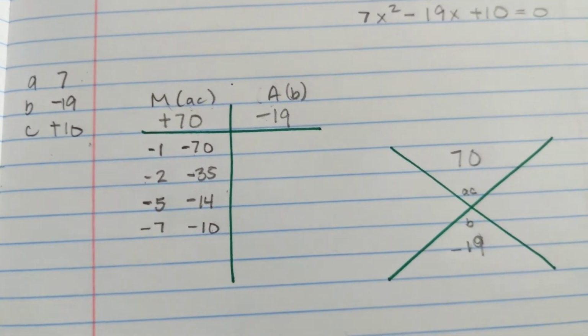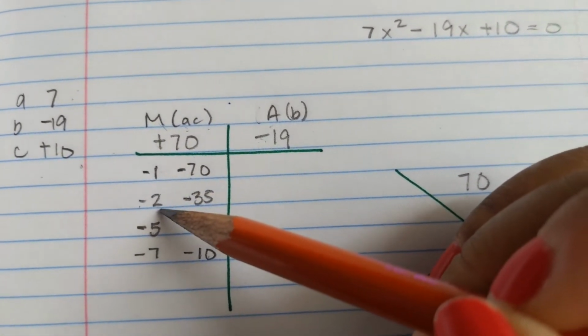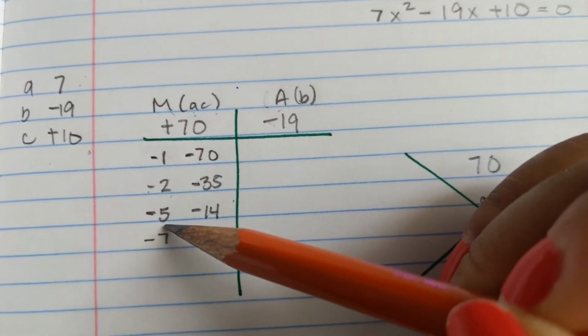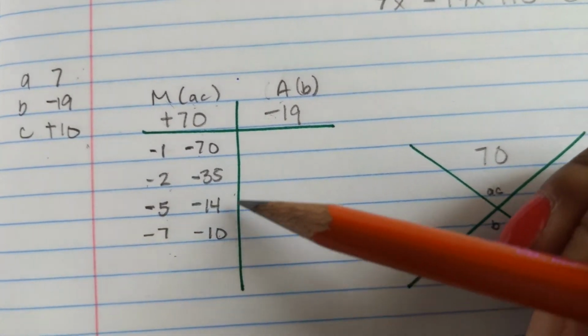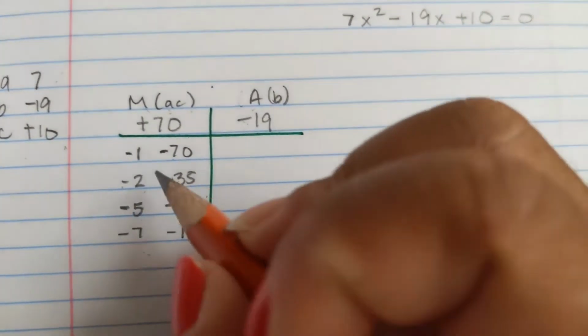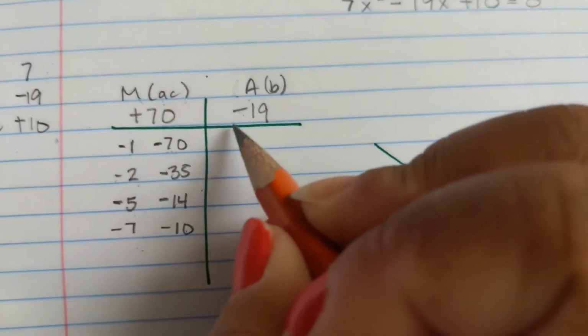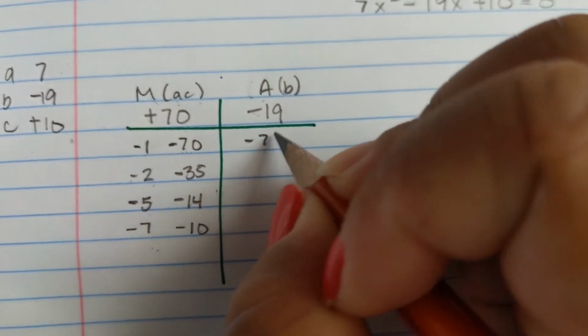This is the reason why we want to go in order, because if I'm going over 1, 2, 3 is not there, 4 is not there, 5, 6 is not there, 7, 8, 9, 10 is here, I have all of my factors all in one space. Go in order. It makes life easier. So now we're going to add these two and see which one of these gives me a negative 19. So I have a negative 71.